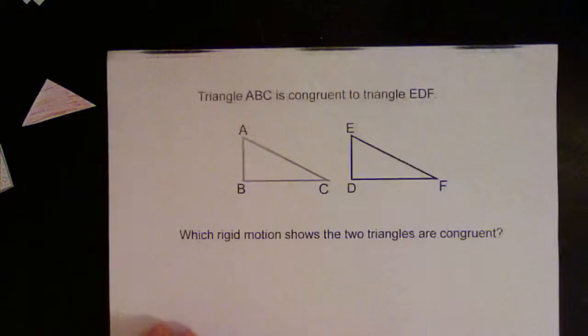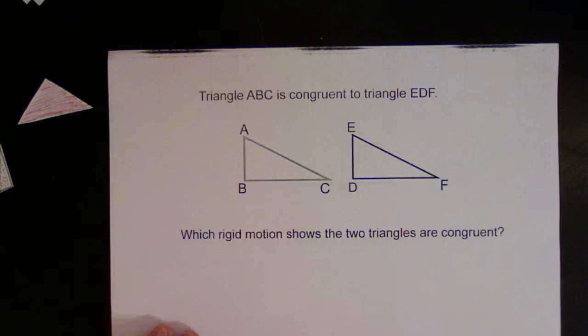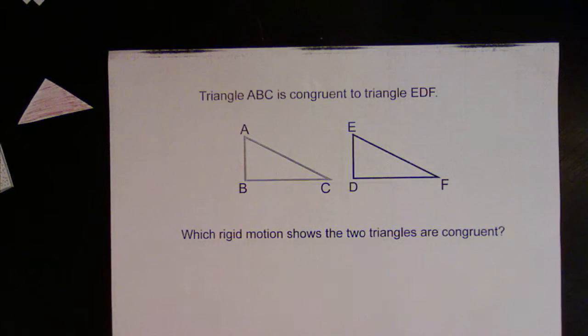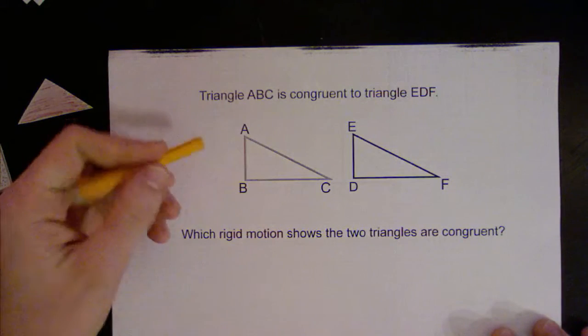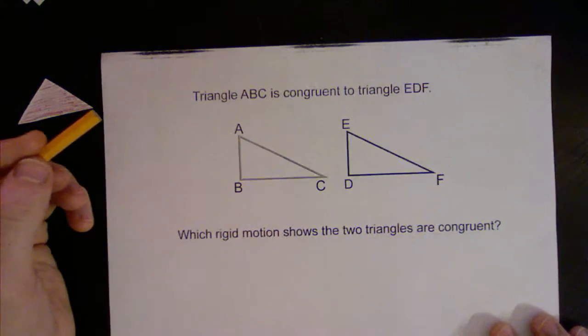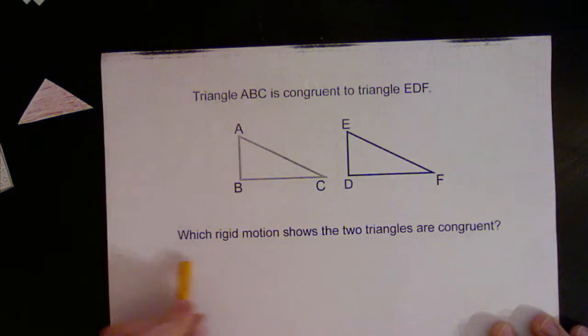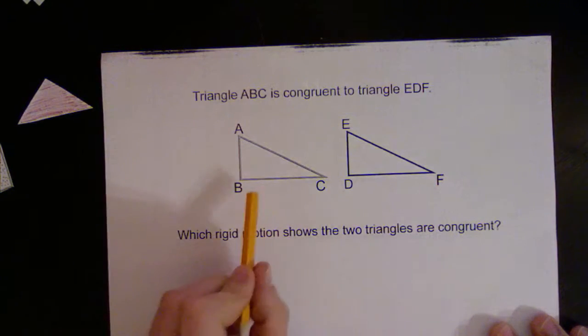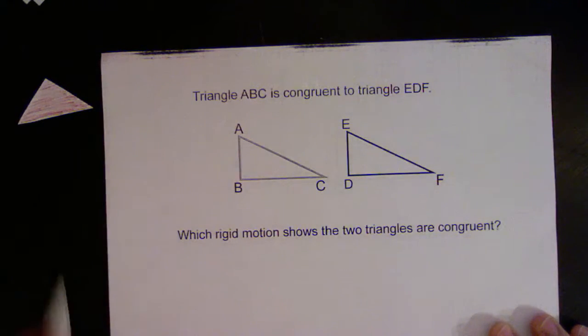Let's take a look at 2 shapes over here. Now, I don't have a measure for these 2 shapes, but I can show that they're congruent by using a rigid motion to map one of these onto the other one.